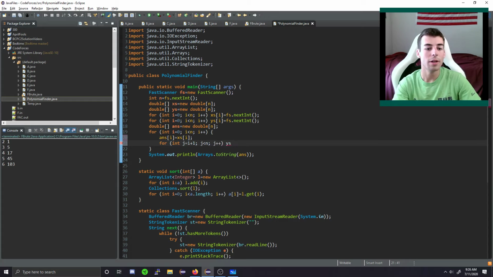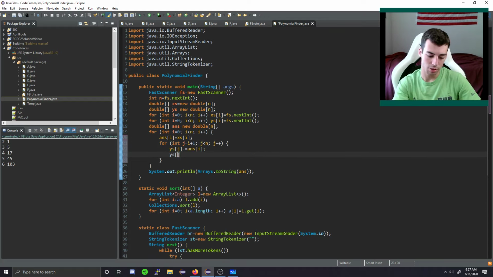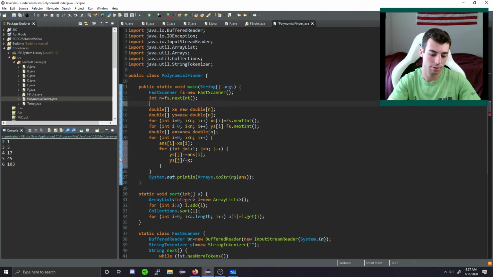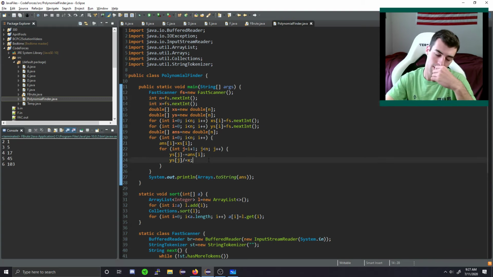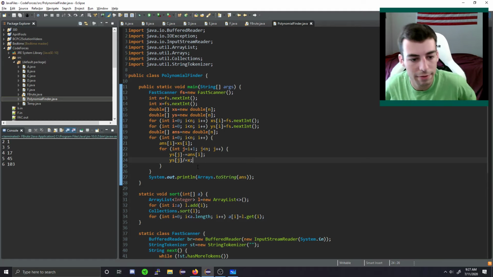Ys at j minus equals ans at i, subtract out this thing we found, and ys at j also divided by equals x, because it has an extra factor of x that we don't actually want it to have.